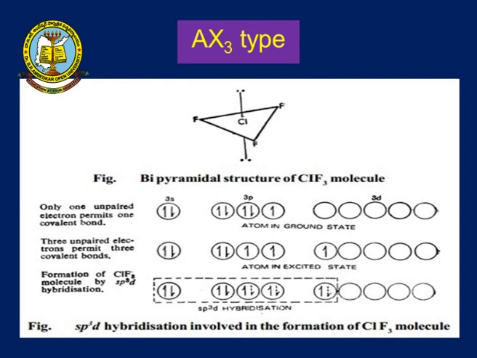So, naturally in the ground state only one chlorine is accommodated in the pz orbital, but we have to accommodate another 2 halogens also in the AX3 model. So, that is why the iodine goes to the first excited state and the second excited state.